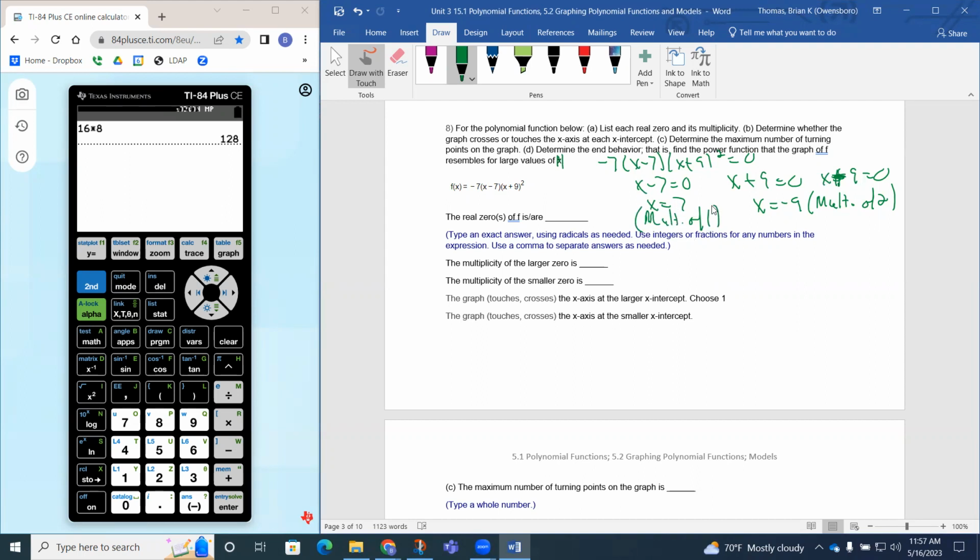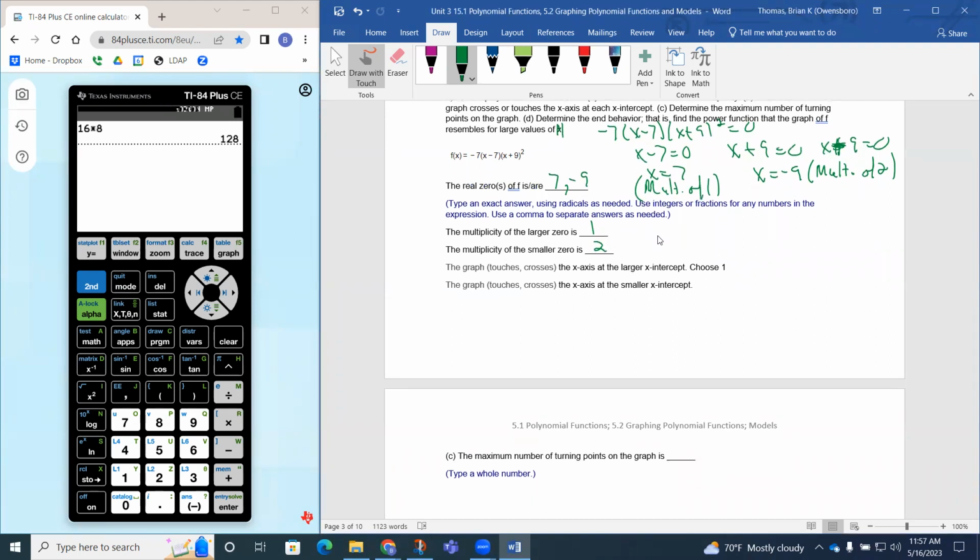So the zeros are the 7 and the -9. The multiplicity of the larger zero, since 7 is the larger zero, is 1. The multiplicity of the smaller zero, which is the -9, is 2.